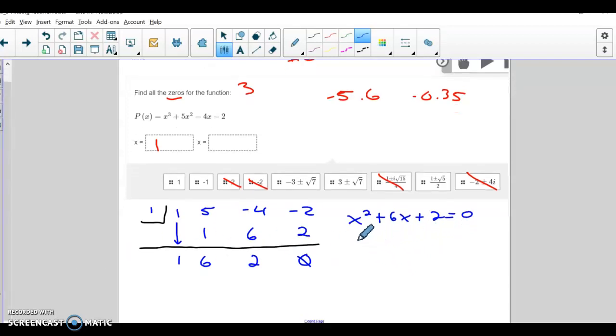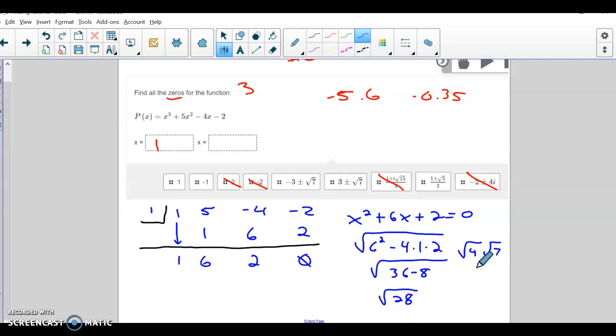And so to solve that, then we would need to do our quad formula, all right? And I'm going to do the quick version where I just do the check mark first. So I'm going to do b squared, 6 squared minus 4 times a of 1 times c of 2. And so that'll be 36 minus 8, which is root 28. Okay, and then this one does clean up. It is a real answer because it's not a negative square root, but there is a perfect square of 4 that we can pull off.